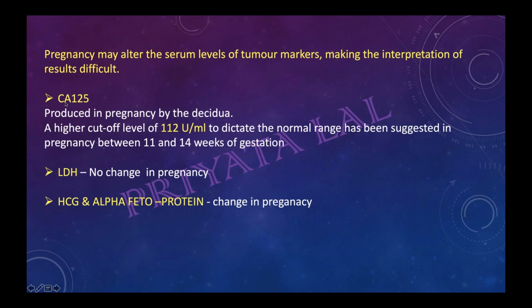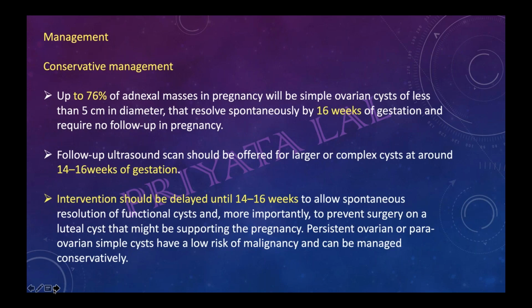So you may get a question from here. CA125 has a high cutoff because it is produced by decidua. LDH does not change in pregnancy, so it can be used as a tumor marker. Apart from this, HCG and alpha fetoprotein change in pregnancy, we already know. So out of these tumor markers, only LDH is not changed in pregnancy, so we can use it.